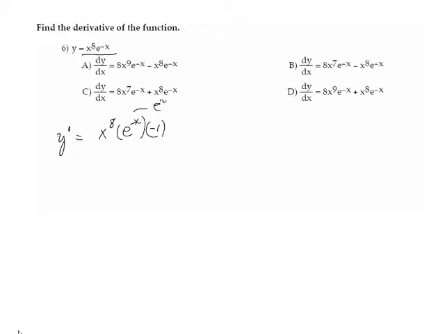This was like e to the u, where u equals -x, plus the second function, which is e to the minus x, times the derivative of the first, which is 8x to the 7th. Simplifying this, you get 8x to the 7th times e to the minus x minus x to the 8th e to the minus x, which is answer B.